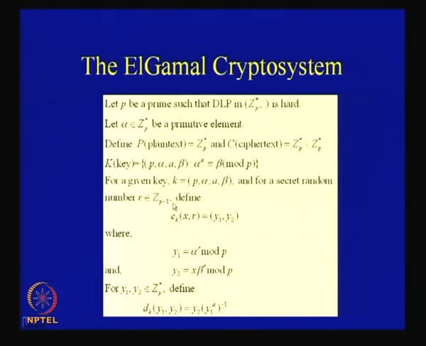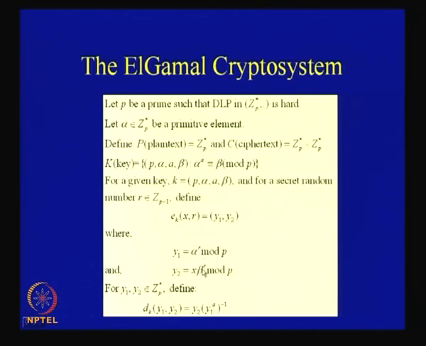Using x and r we compute two parts of the ciphertext, y1 and y2. In y2 we blind or mask the value of x by multiplying it with beta raised to the power of r, and in the other part of the ciphertext we compute alpha power of r modulo p.